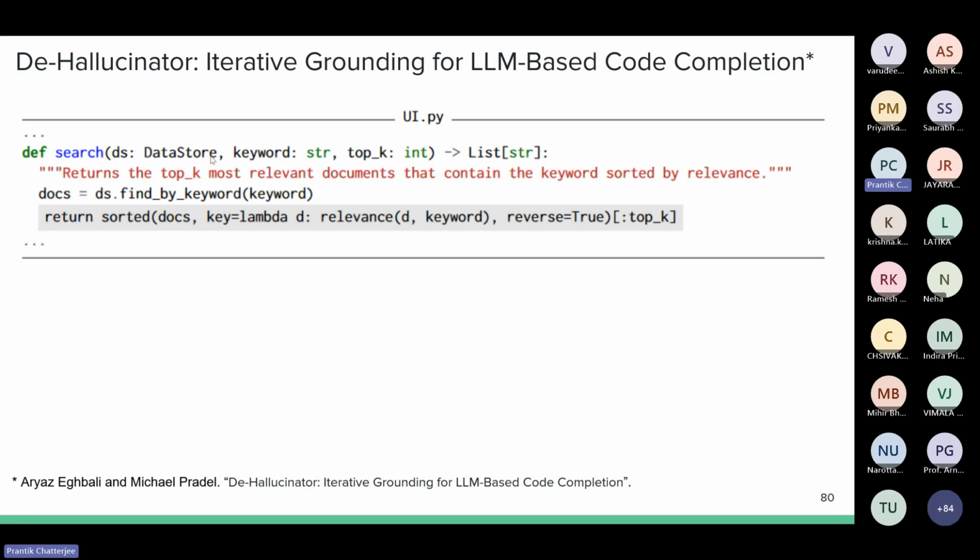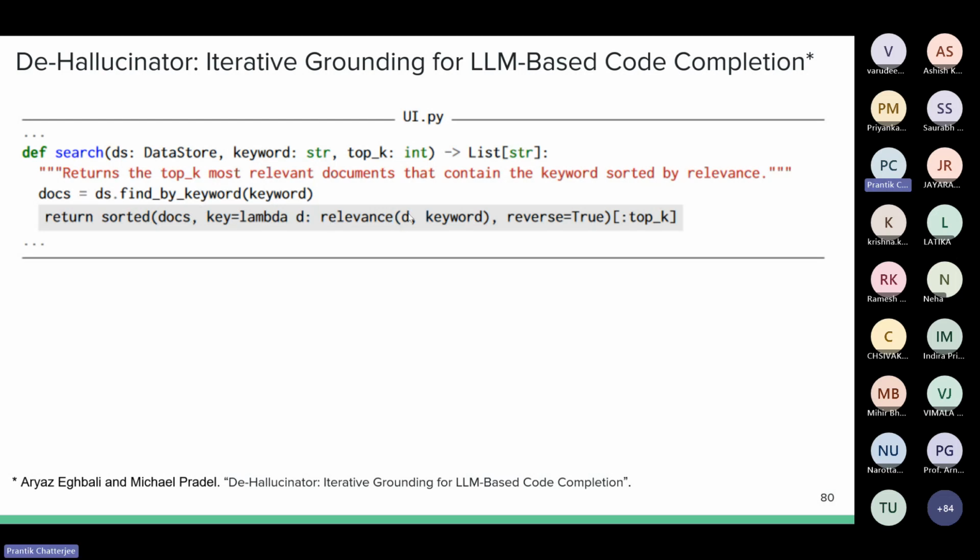Let's say you have a bunch of PDF files, and you have a keyword which is a string, and you want to get back a ranked list of the documents which contain the most occurrences of this keyword. For instance, let's say you have a bunch of papers, and you want to see which of these papers mention LLMs. This function will take this set of documents and return the list of papers out of the bunch which contain the word LLM.